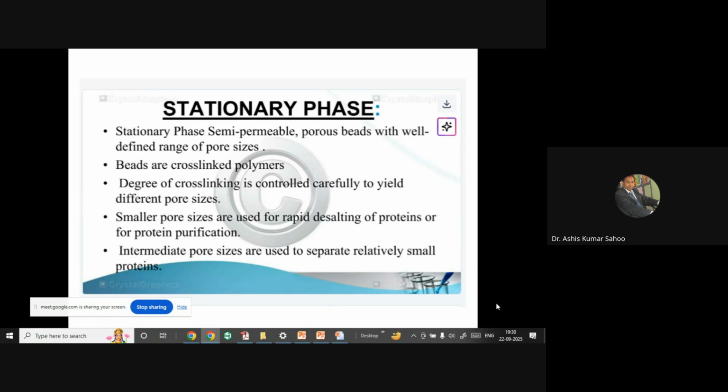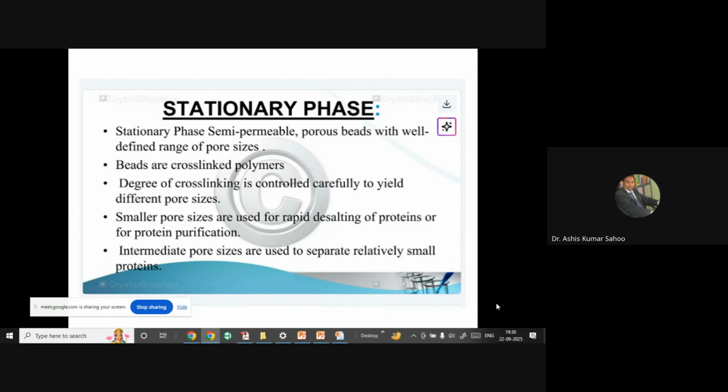Beads are cross-linked polymers. The degree of cross-linking is controlled carefully to give different pore sizes. Smaller pore sizes are used for rapid desalting of proteins or protein purification. Intermediate pore sizes are used to separate existing small molecules. So these are some characteristics of the stationary phase.